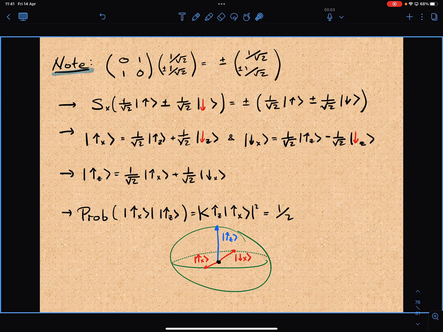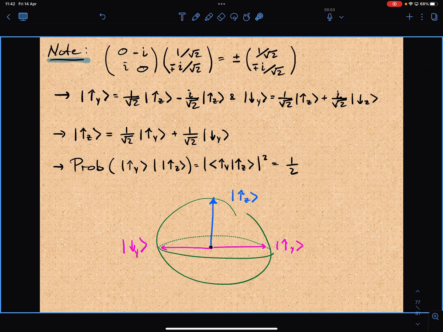Since it's quantized in any direction that you measure it, this is telling me that if I measure it in the upspin direction or in the downspin direction, it's going to be equal probability. So this upspin can fall into the upspin in the other direction or the downspin in the other direction. If I had chosen another matrix, I wouldn't necessarily get that the eigenvectors are equally likely from the other eigenvector.